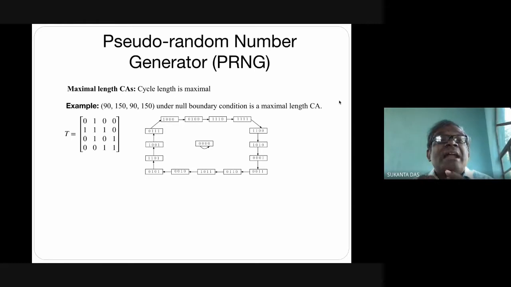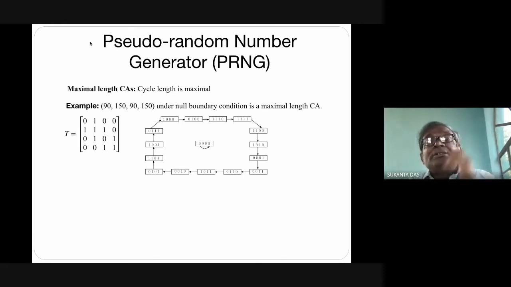So it looks random. Therefore, throughout the 90s, maximal length non-uniform CAs in particular have been used to design pseudo-random pattern generators, or you can call them pseudo-random number generators. So in this way, the maximal length CAs are used as pseudo-random number generators.